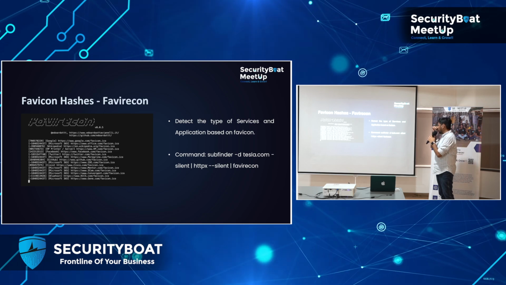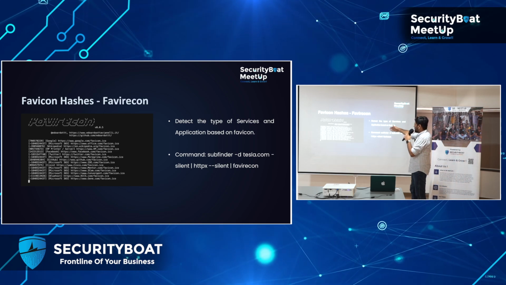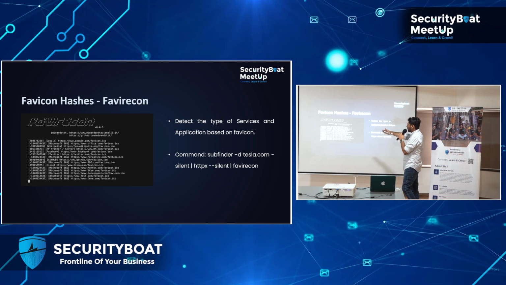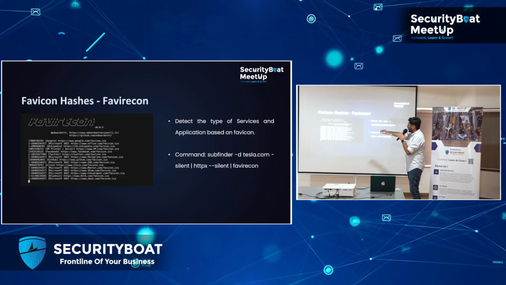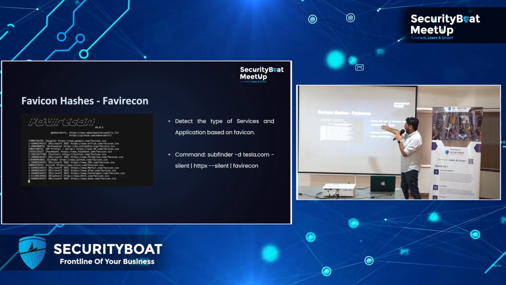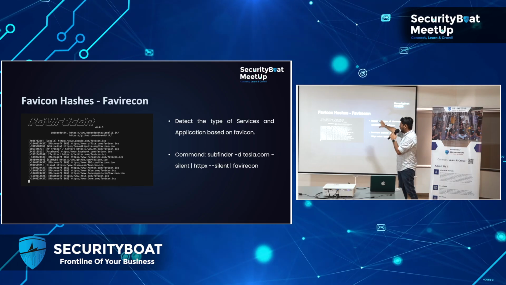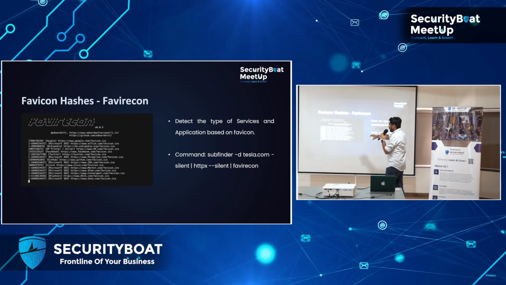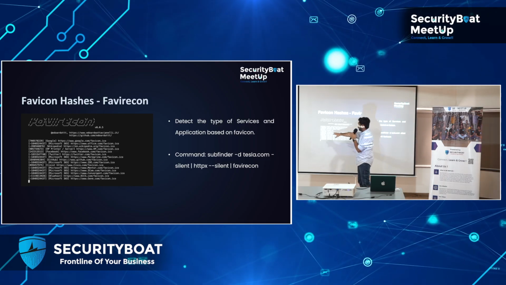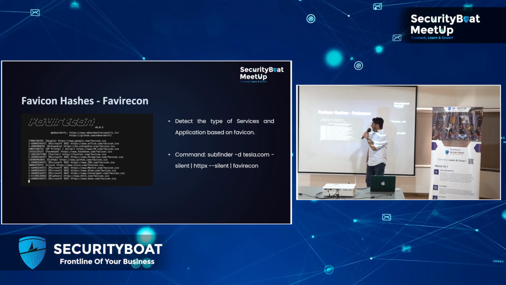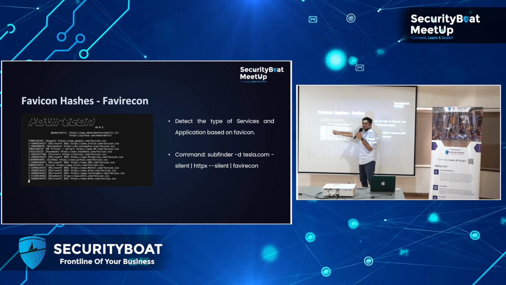Okay, so for example, let's say google.com. I've taken an example of google.com, okay, and all the domains, I have multiple domains of google.com. What this is going to do is, for all the domains that I've mentioned over here, it's going to give me the favicon hash, as well as it's going to give me what server it is running upon.